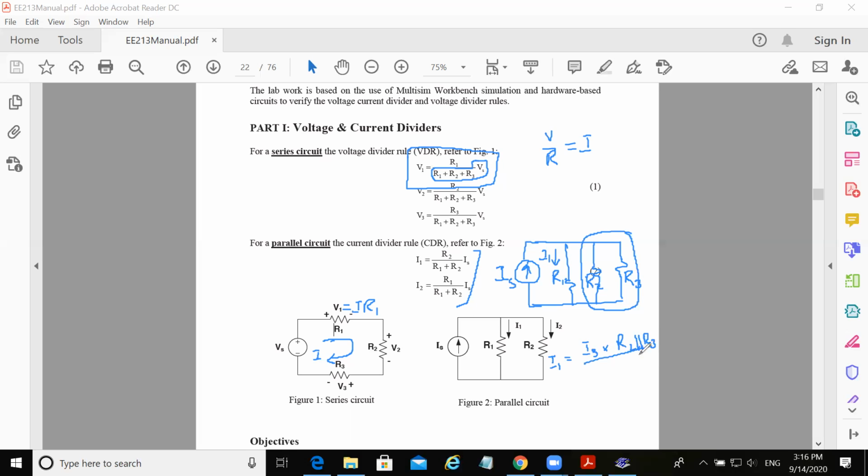And then, as usual, I would divide it by the sum of the two resistances: the resistance of this branch, R1, and the equivalent resistance of the other branch, which means it will be R1 plus R2 parallel R3. Now, if you know this concept, you can extend it to any number of resistors that are connected in parallel.